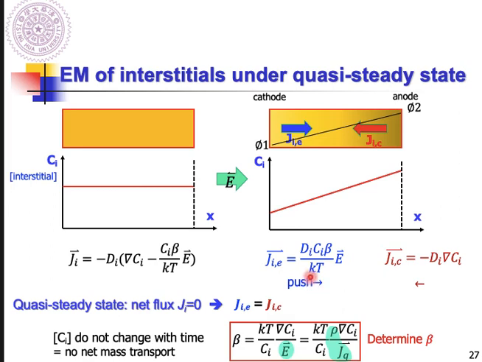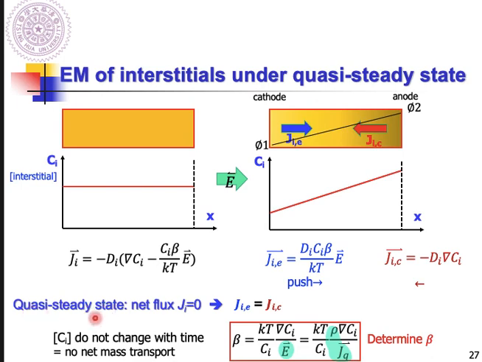But as you know, as long as there is concentration variation present in your materials, by Fick's first law, the concentration gradient part is going to counterbalance the flux driven by the electron flow, right? As long as both fluxes reach a net flux equal to 0, then we can get the value for beta. But some people ask what the quasi steady state means.